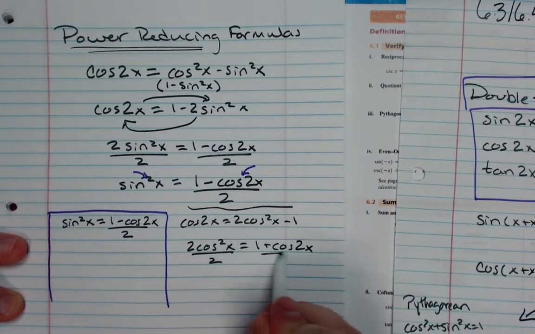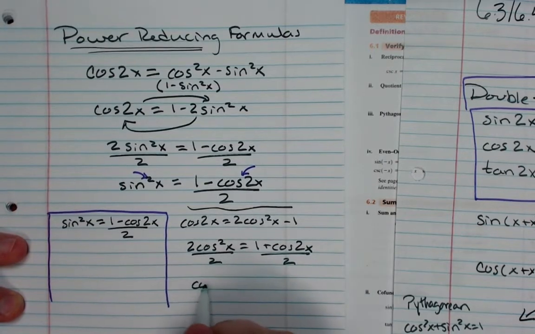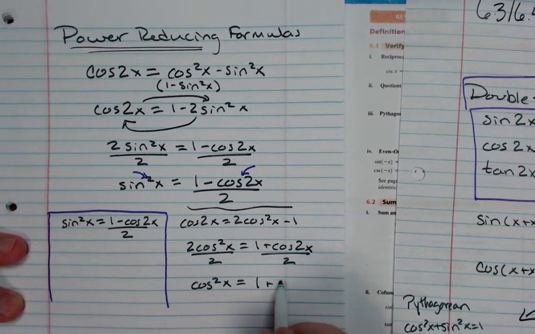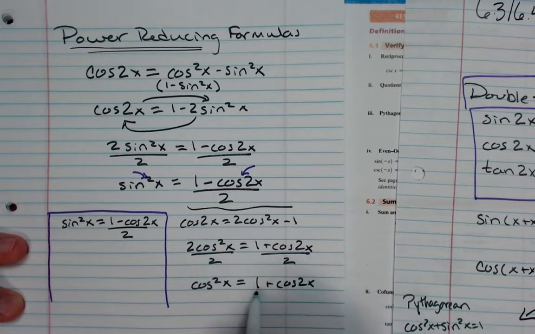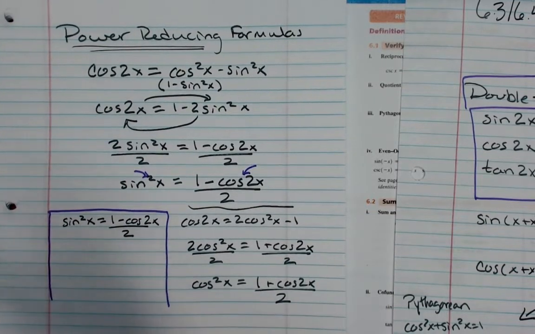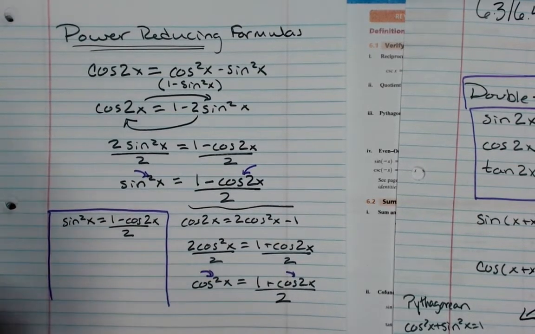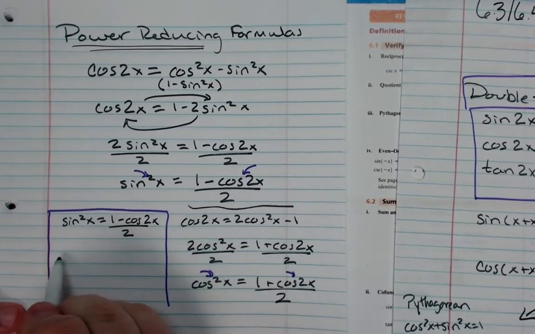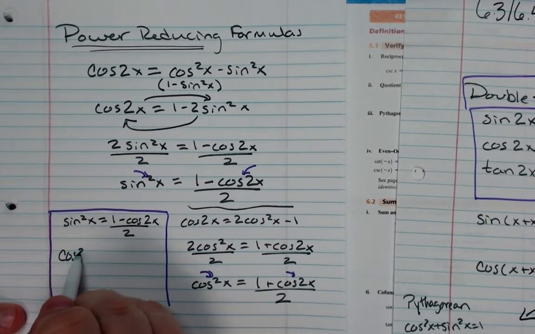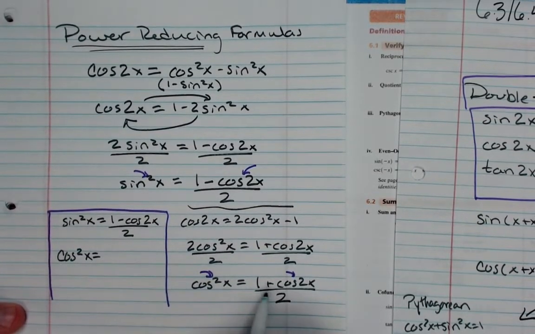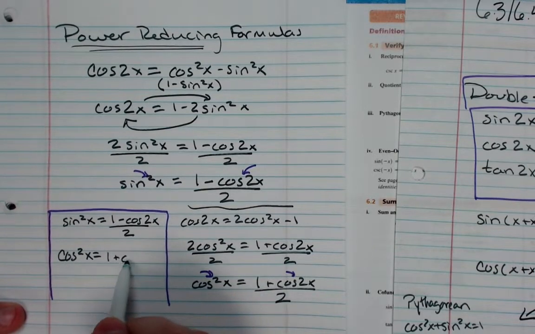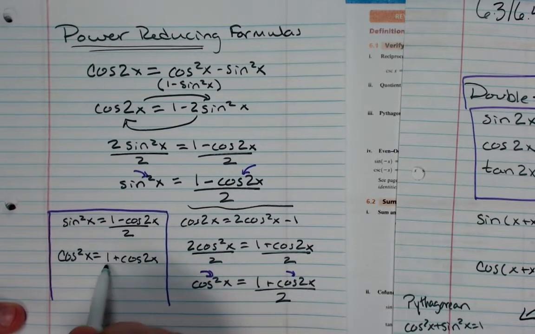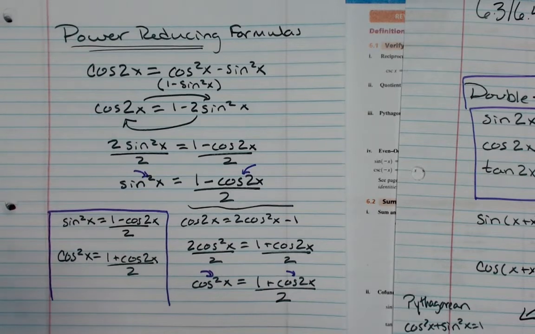Divide by 2. Cosine squared x equals 1 plus cosine 2x over 2. And again, notice we went from a square to a non-square term. So our power reducing formula for cosine squared x is 1 plus cosine 2x over 2.